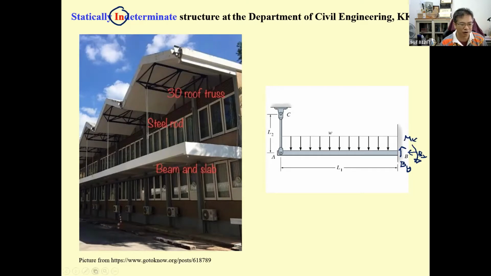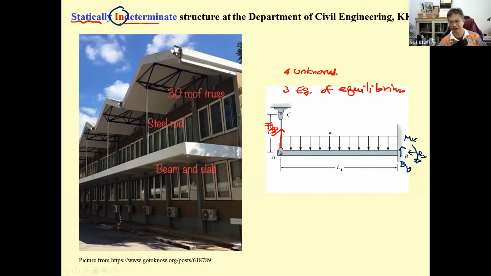Also, you see the two force member over here, it's going to produce the force F sub AB. So in this structure, you have four unknowns, and you have only three equations of equilibrium. This structure is statically indeterminate.